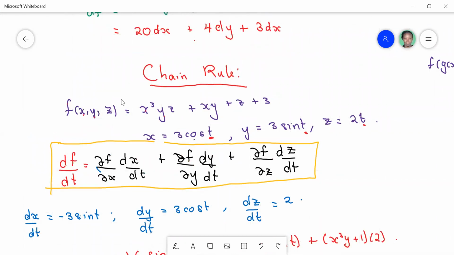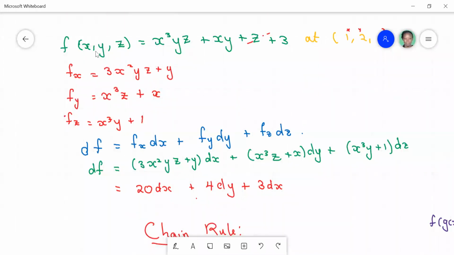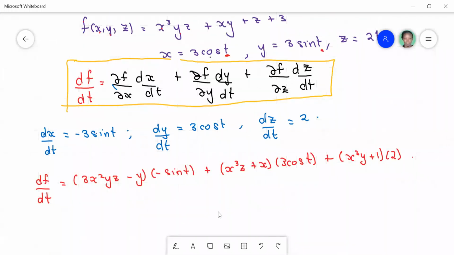So this is what we are using here. We had this, so you multiply by that. It's like the chain rule.